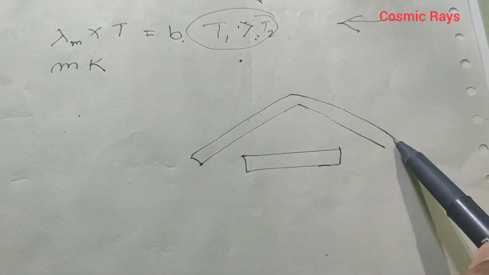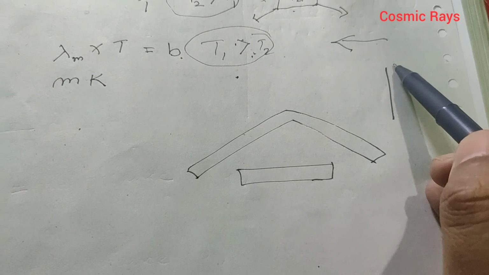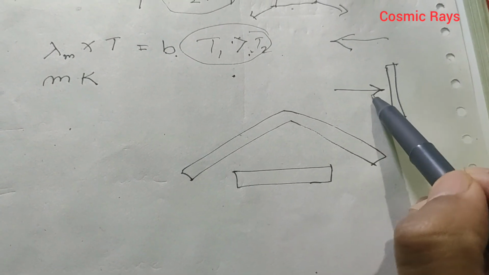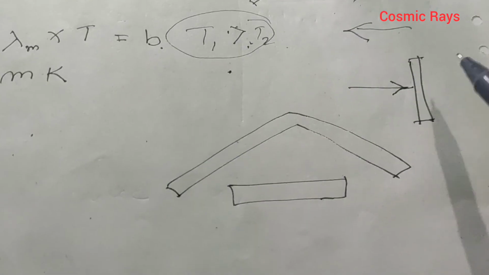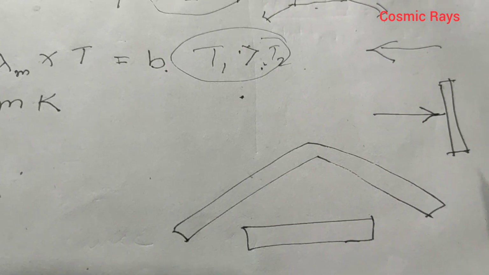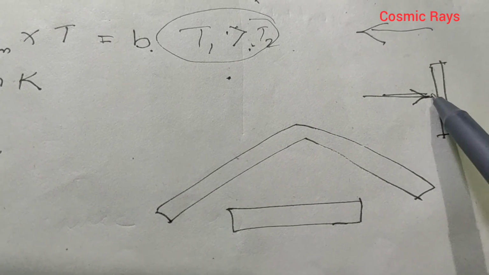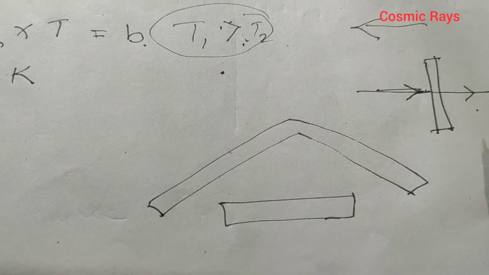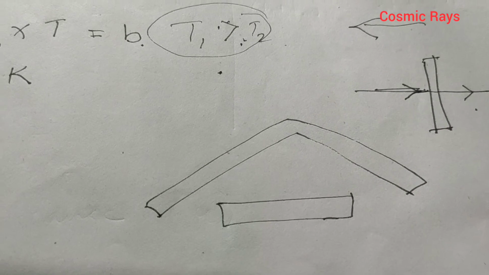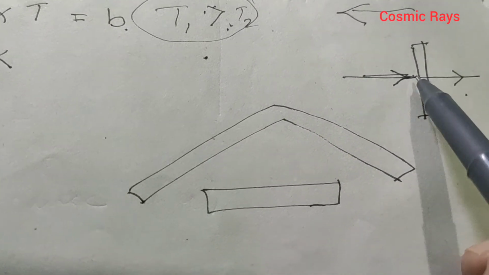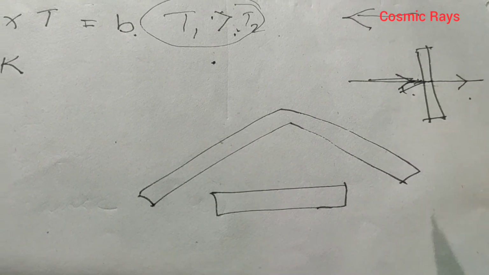Whenever energy or radiation is incident on the glass, this radiation needs a certain amount of energy to be able to pass or penetrate through the glass. If it has energy less than this penetration energy, then it will be either absorbed or reflected back.